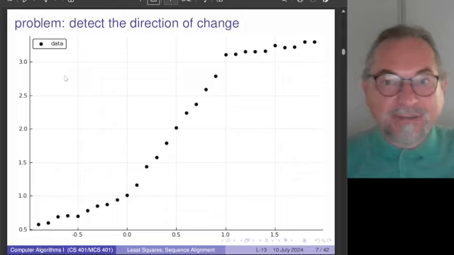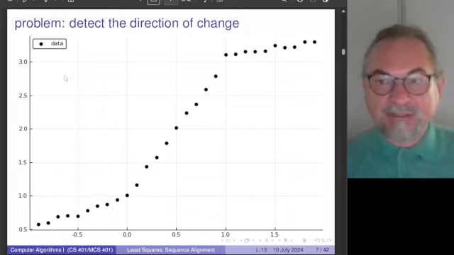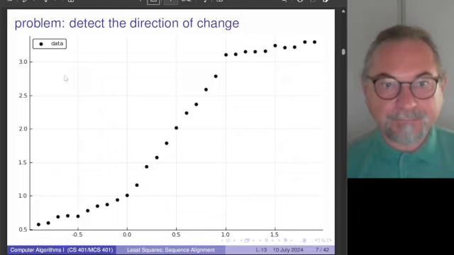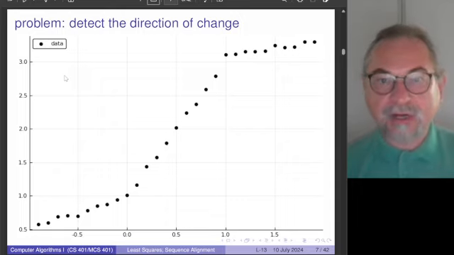Now the question is, can we actually detect these direction changes, and can we do this, most importantly, with an efficient algorithm, an algorithm that will run in polynomial time? So this is the input to our problem, data points.